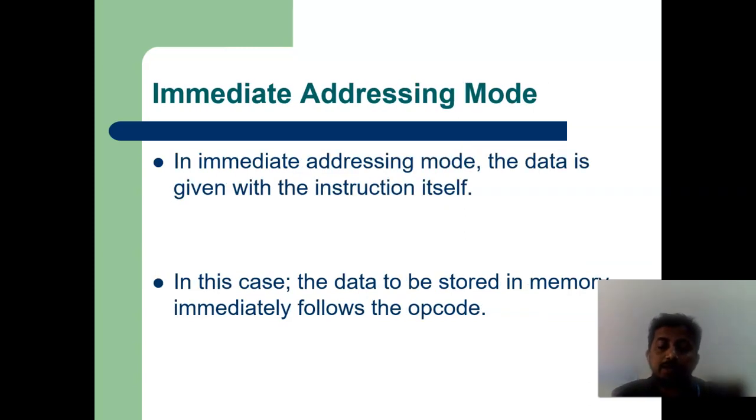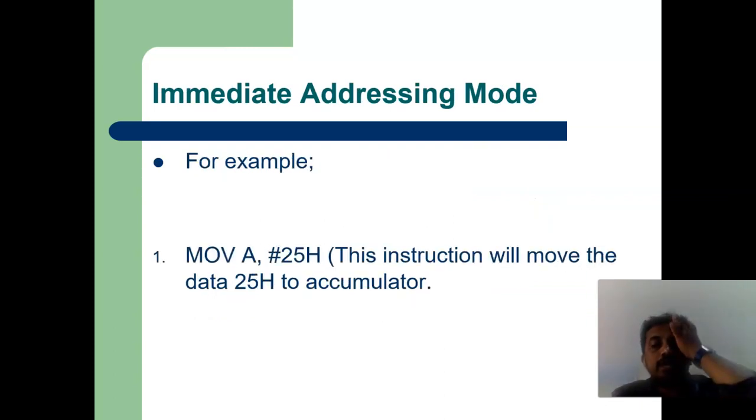This one is immediate addressing mode. Immediate means the data is directly available. We specify what the data is, using the special character hash. For example, MOV A, #20H.